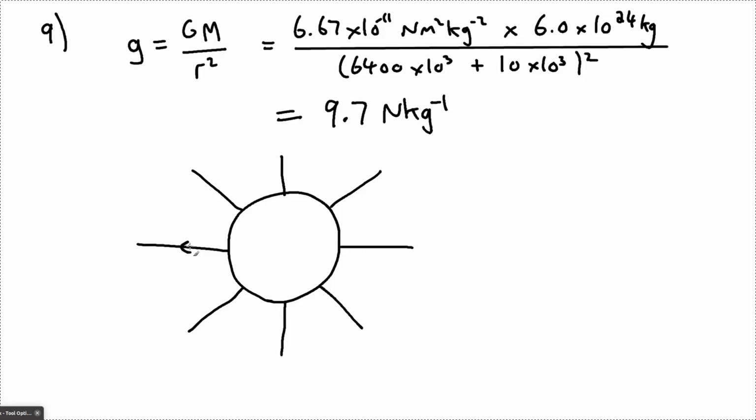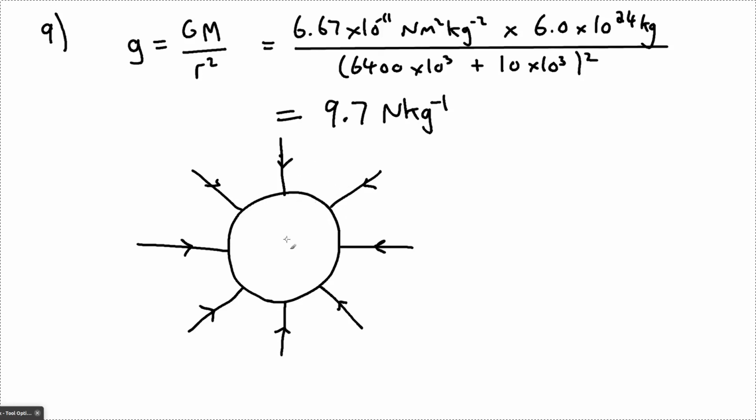So remember, two things the gravitational field lines are telling us here. They're telling us the direction of the force that a mass would experience when placed into this gravitational field, but also the spacing of these field lines gives us an indication of the strength. The closer they are together, the stronger the field. So you would think as radial fields, we move away from the surface, the field lines diverge, they get further apart, so the field decreases, the gravitational field strength drops, and it does.